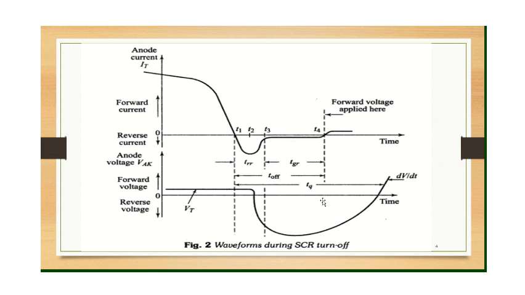Now, as we know, to turn off the device, we have to bring the anode current below the holding current, and by applying reverse voltage to the device for a time duration larger than t off. Only then can you turn off the device. I hope you are getting it.